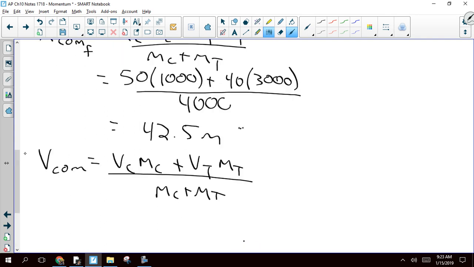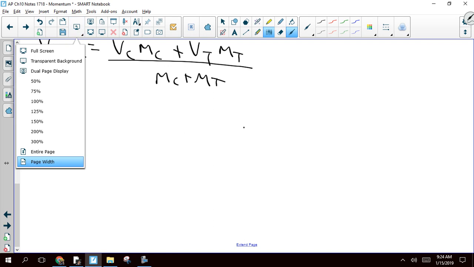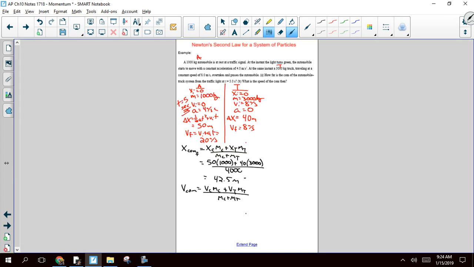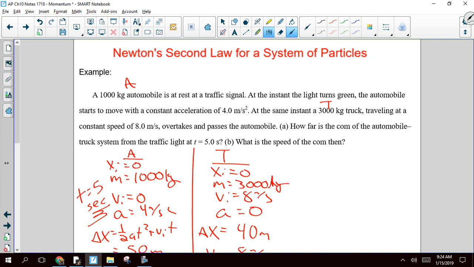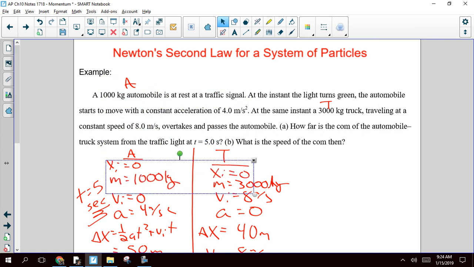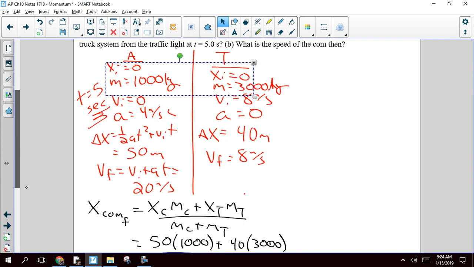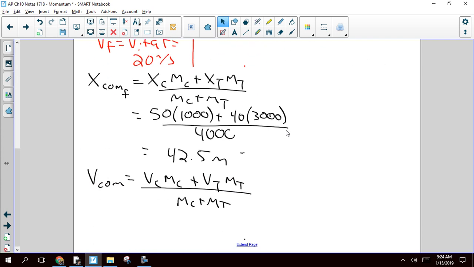Okay, so the velocity of the car at the end was 20.